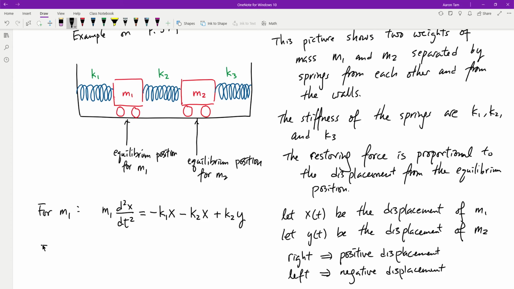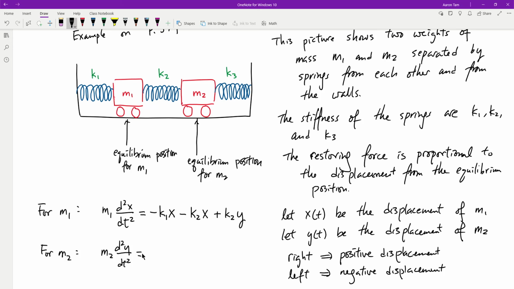Now let's look at mass number 2. The net force on mass number 2 would be m2 d squared y over dt squared, because that describes the displacement for mass number 2, which is given by the y function. And so how many forces are acting on this?